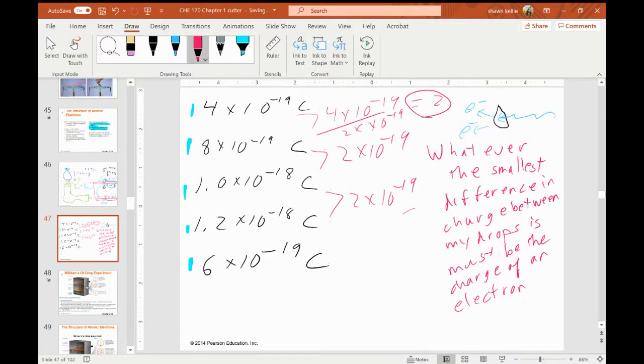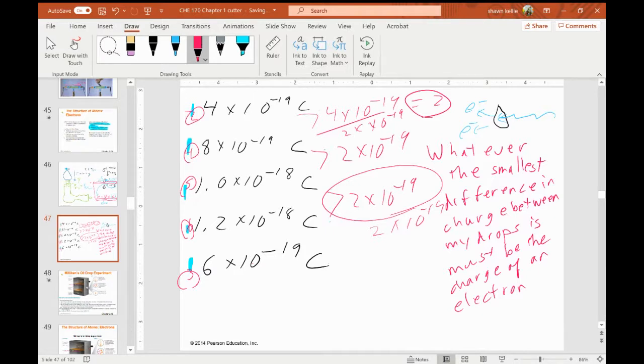So the smallest difference he found was that, and he said, okay, now I can check my data. Are all my other measurements whole number multiples of that? So he went through and divided all his drops and found, okay, here I moved 3 electrons, here I moved 6 electrons, here 5, here 4, here 2.